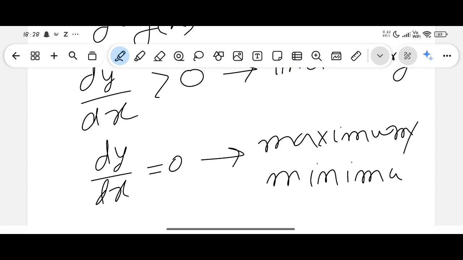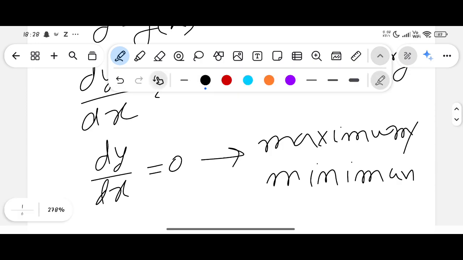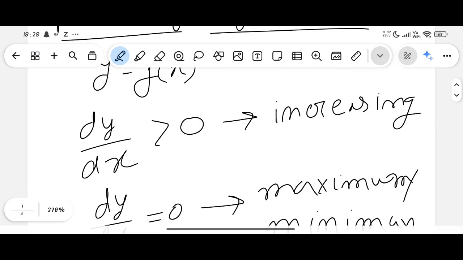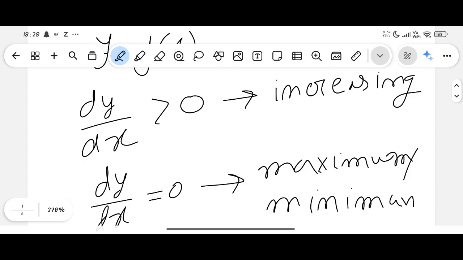If a polynomial or any function is given, first take dy dx equals 0 and see if it is actually 0 or not. If it is not 0, then conclude that the function has no local minimum or local maximum.